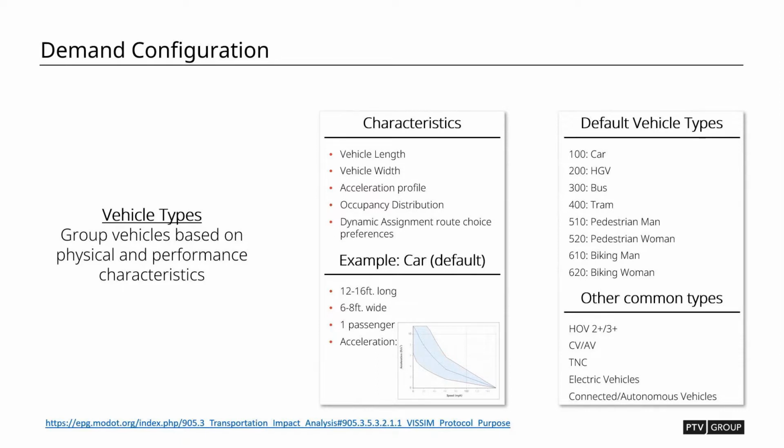Maybe you're doing something like an airport model, and so you're modeling TNC, Uber, Lyft, rideshare pickup, electric vehicles, connected, autonomous. I think I have that on there twice. But you have different types of vehicles that are grouped together based on their physical and performance characteristics.